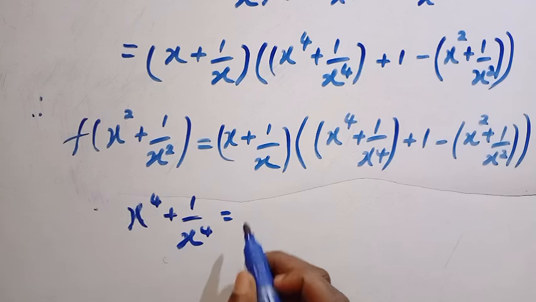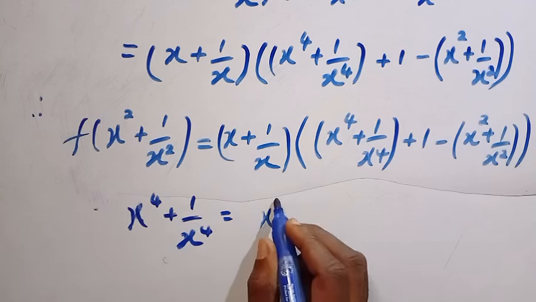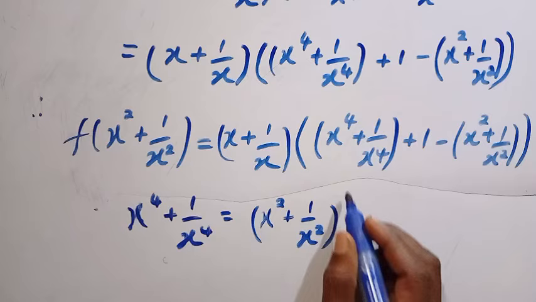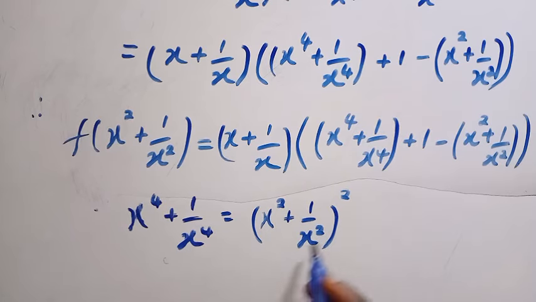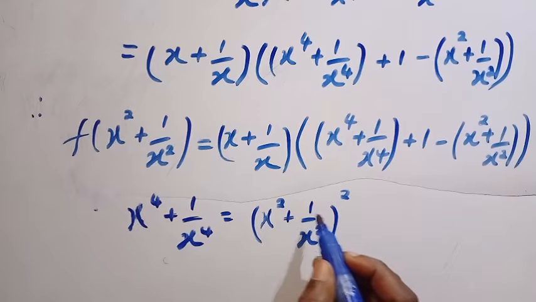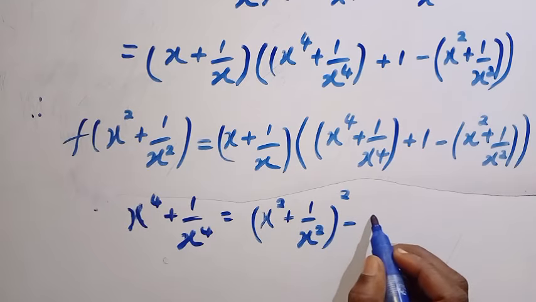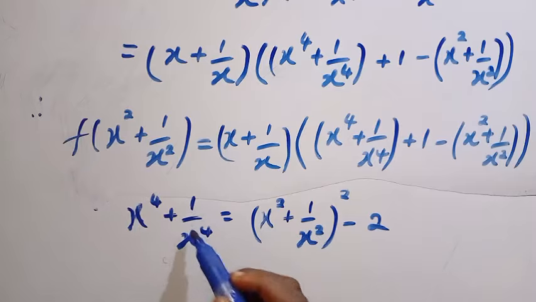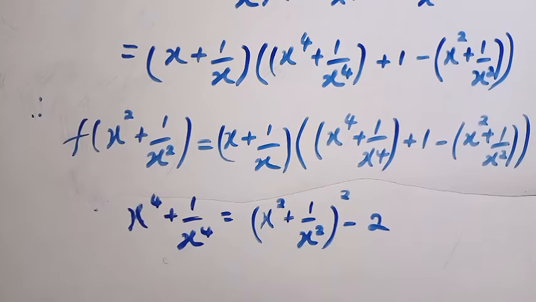This is the same thing as (x^2 + 1/x^2) all raised to power of 2. If I expand the whole of this, then I subtract 2 from it, it's still the same thing as x^4 + 1/x^4.